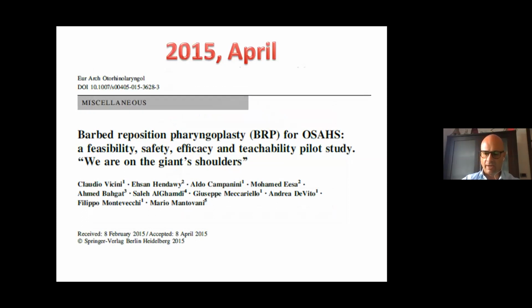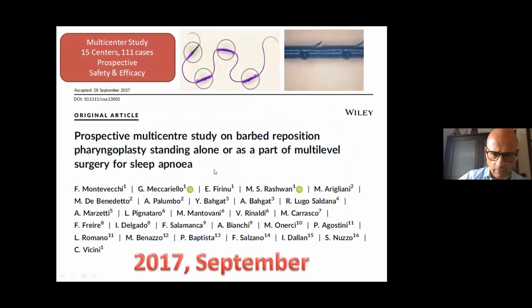So we have tried to give you evidence-based medicine. This is our first paper about the first cases of the reposition pharyngoplasty, published in 2015. Then we published a multicentric study. It's important because sometimes you have a very nice technique, but only in one center.